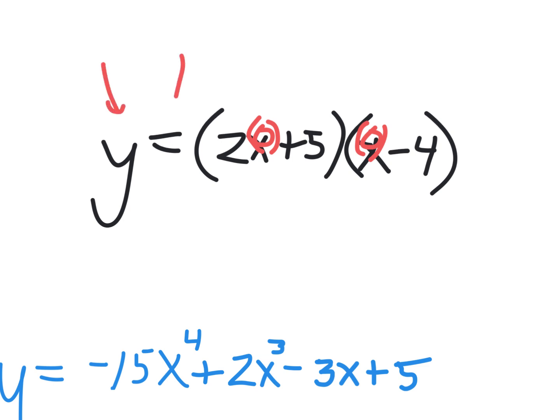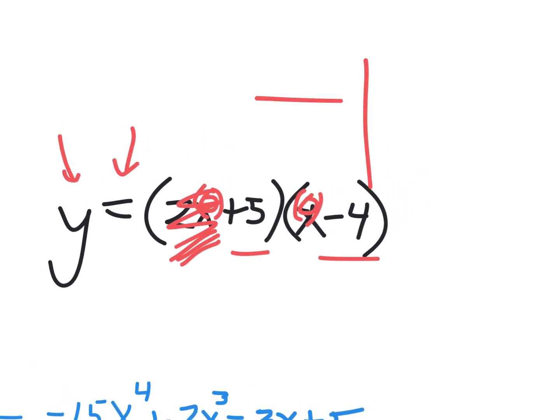Some people think that 2 counts. That 2 is being multiplied by 0. It's gone. 5 times negative 4 is negative 20. It goes through a y-intercept of negative 20. Okay, so there's how to find the y-intercept. That's a big deal. You've got to for sure know how to do that.